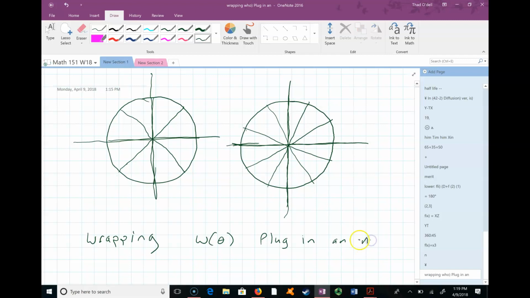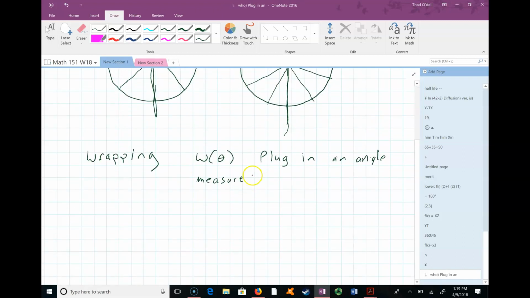And you can measure that in radians or degrees. Both work. And then that's the input.